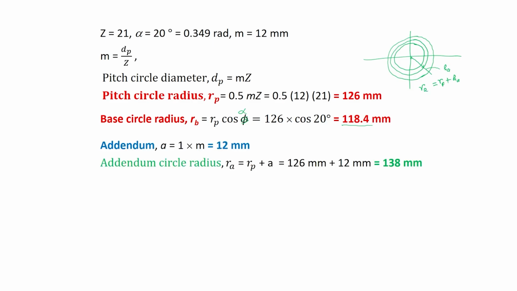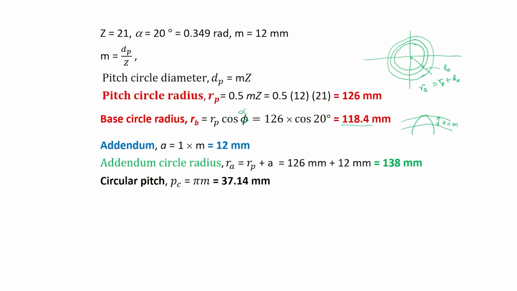Addendum is 1 times module. If this is the pitch circle and this is your addendum circle, then this is called the addendum, which is equal to 1 times module.